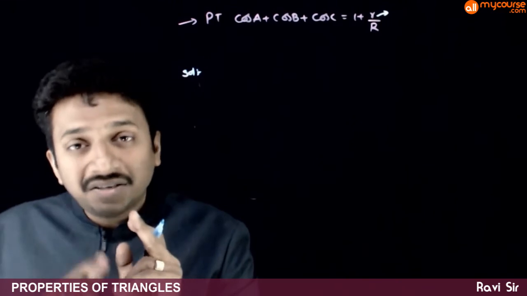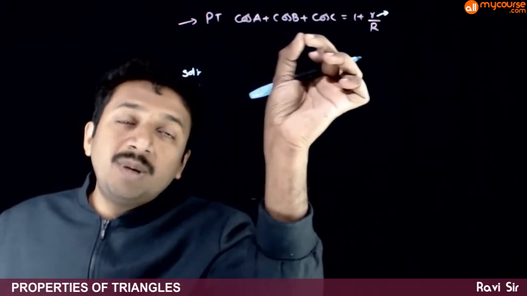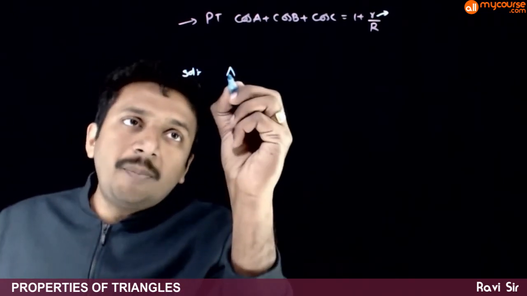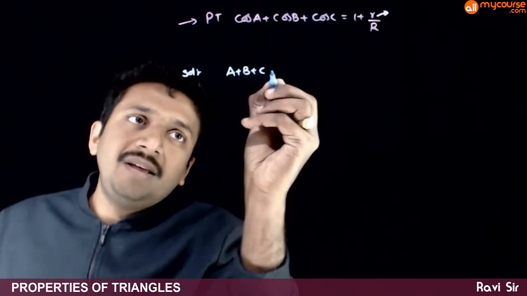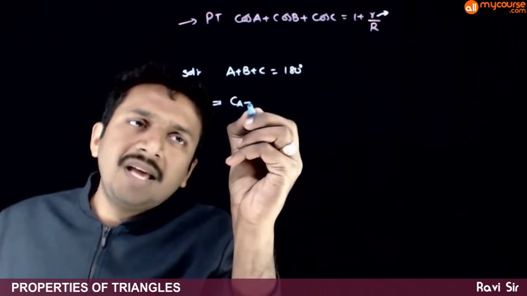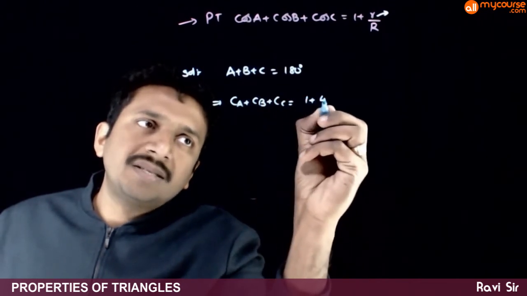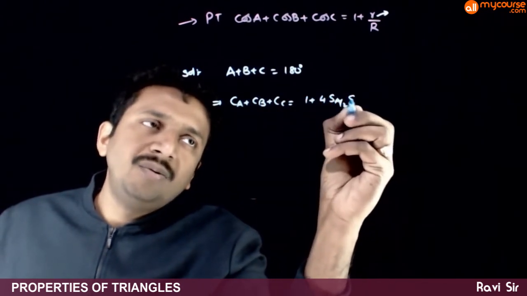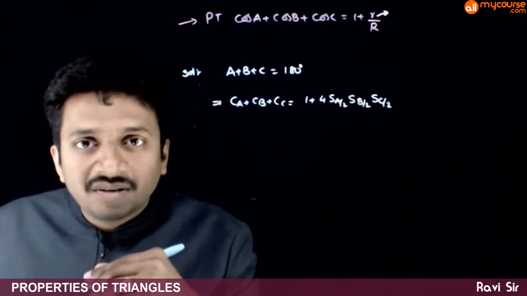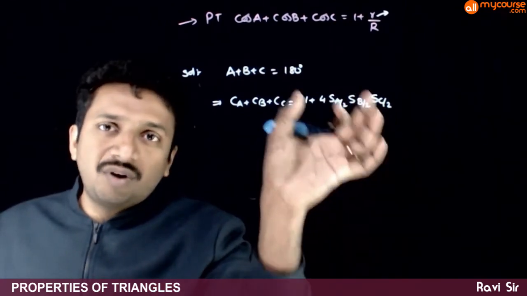Once you see the LHS and the RHS, do you see some relation between them? I can see the relation in the topic of conditional identities. We know that A plus B plus C is equal to 180 degrees because we are dealing with triangles. This implies cos A plus cos B plus cos C is equal to 1 plus 4 sine A by 2 sine B by 2 sine C by 2. We have derived this in the topic of conditional identities, so I just use this formula here.